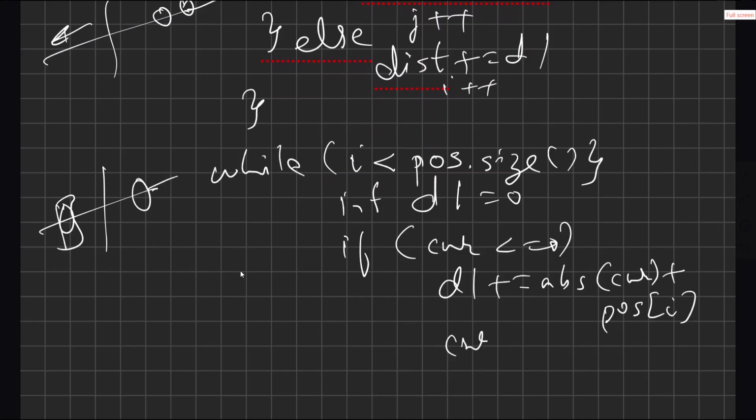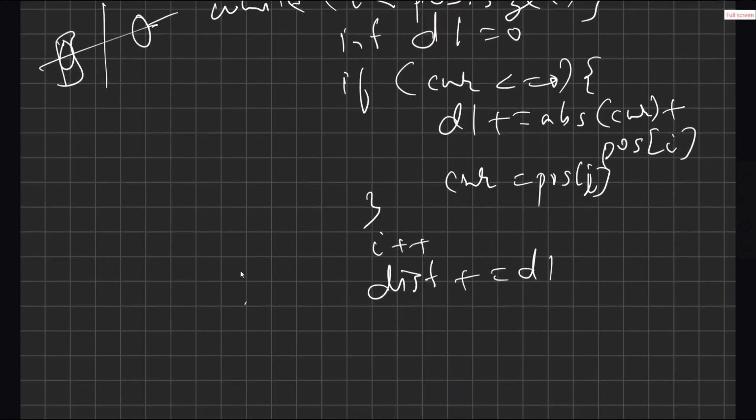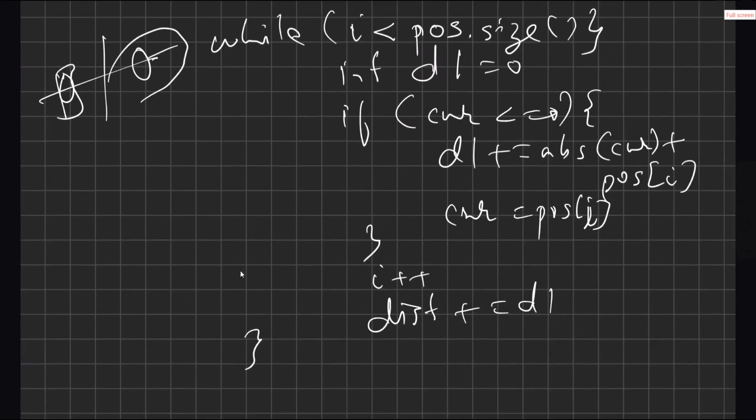Okay, and your current will be positive of i. These things you have done. And in this case, simply you increase i plus plus, and in total distance, you're going to add d1. So this is the case if there are cookies remaining on the positive side.